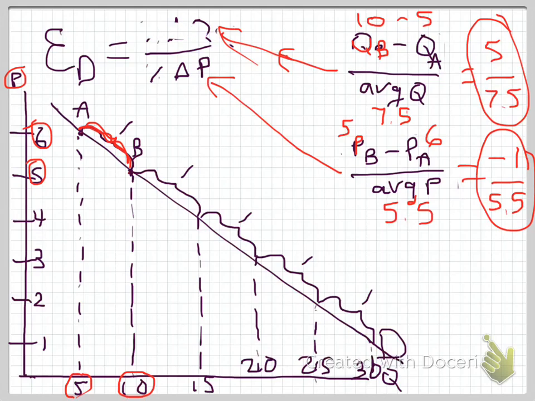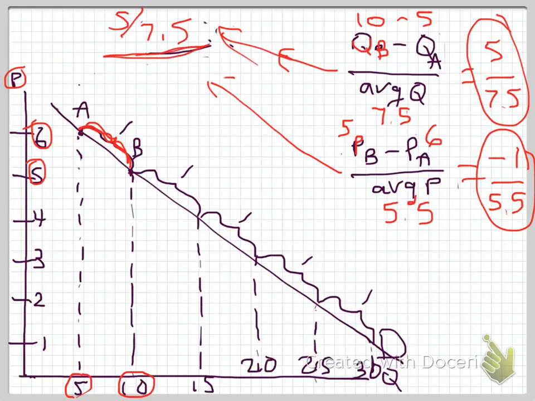If what you're doing is 5 over 7.5 divided by minus 1 over 5.5, you're going to invert and multiply, right?